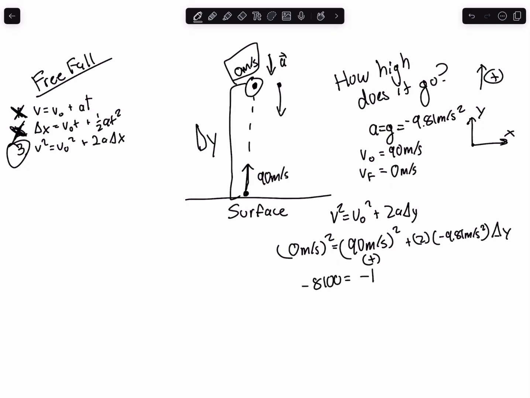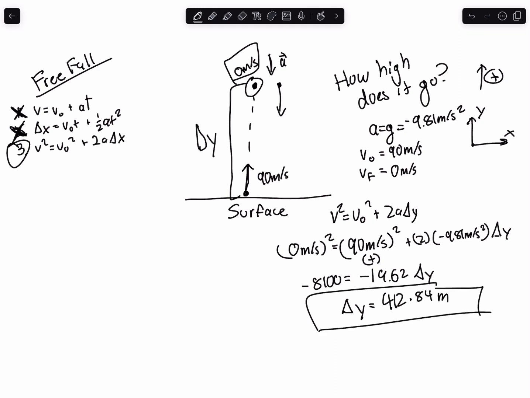And delta y is 8100 divided by 19.62, 412.84 meters. That means at the very tippy top, that guitar went 412.84 meters above the surface of the earth.